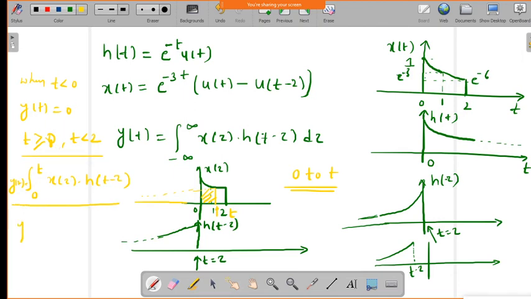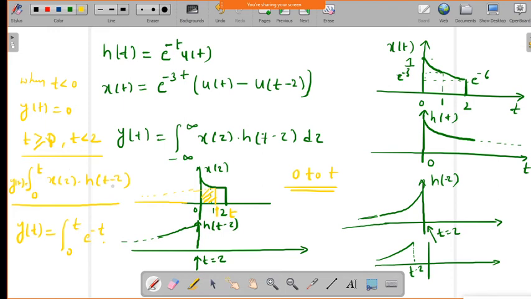So, what will happen? y of t equals the integral from 0 to t. What is x of tau? x of tau will be e power minus t. And your h of tau will be e power minus 3t. Now h of t minus tau, we need to substitute t minus tau wherever t is there.